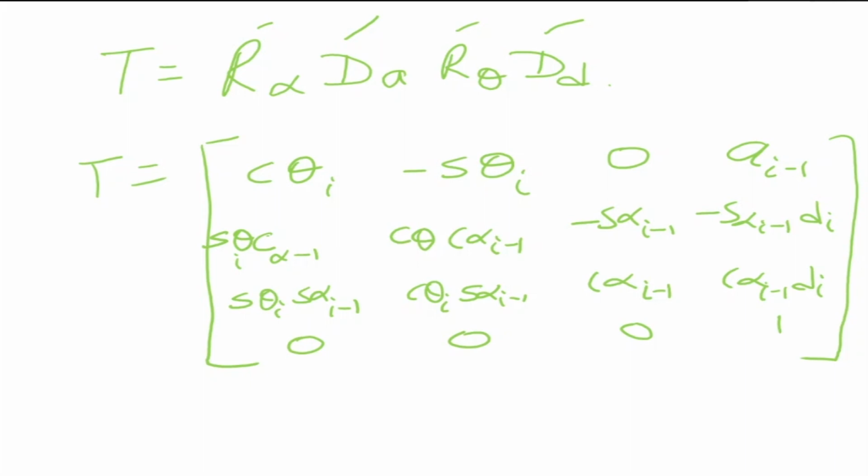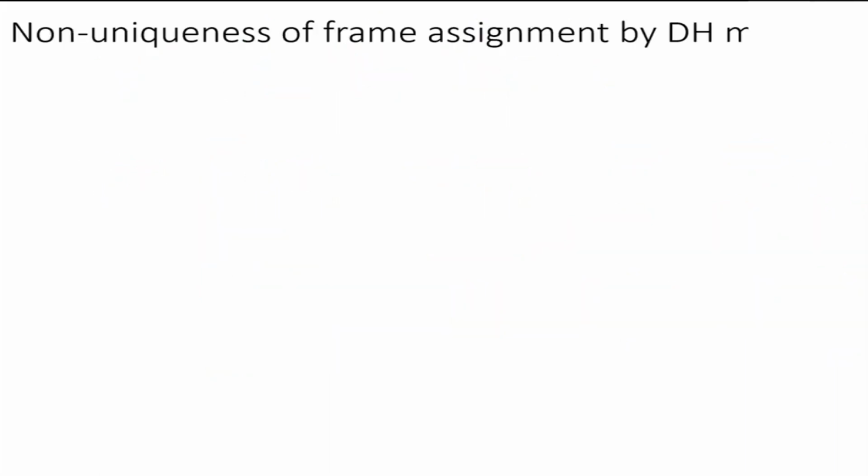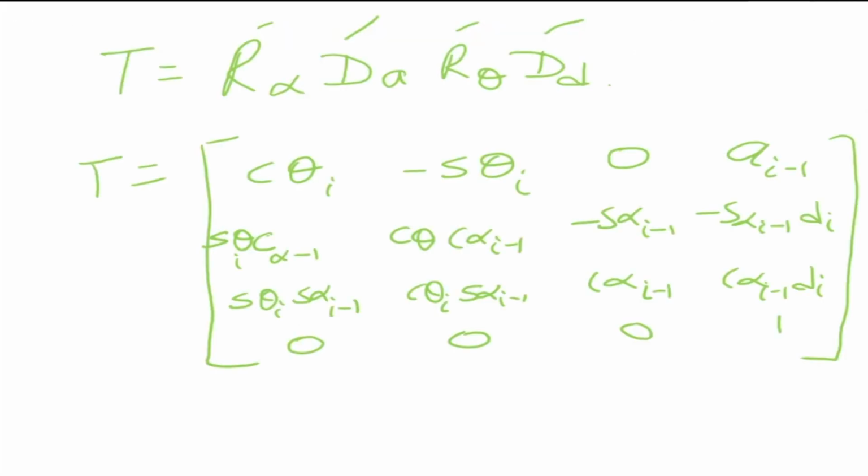So what we do is we write a computer program which will actually do this. Systematically, we assign our axes as per DH notation. Then I put each row of the DH parameter table in this matrix, and I find the corresponding matrices which will take me from one frame to the other frame. As I go along, I'll be explaining how that is done.